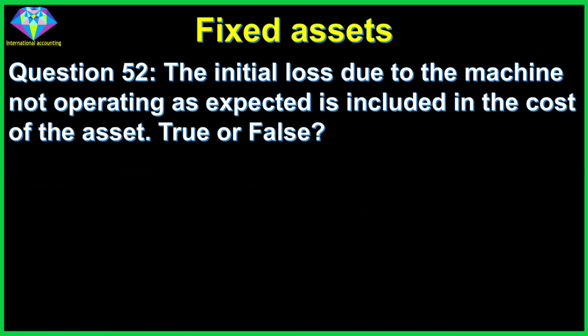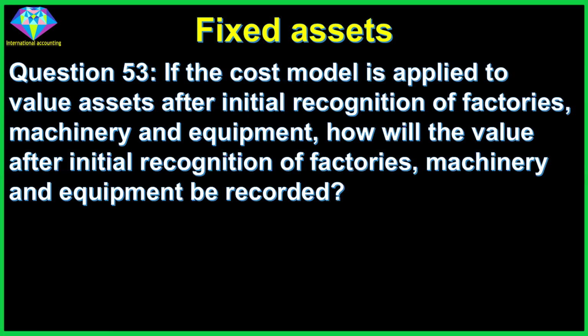Question 52. The initial loss due to the machine not operating as expected is included in the cost of the asset. True or false? Answer: false. Question 53.